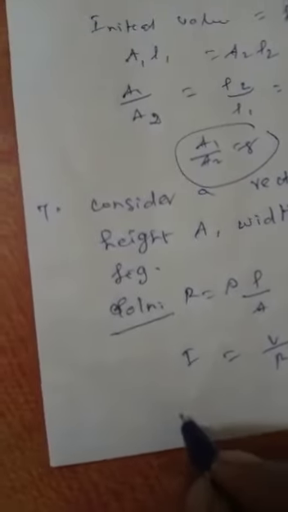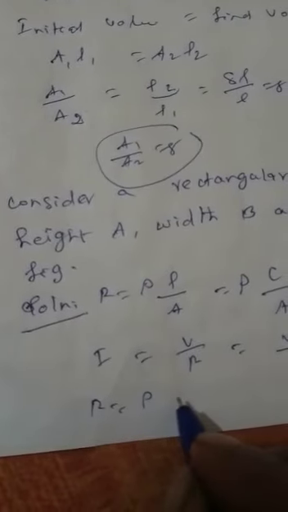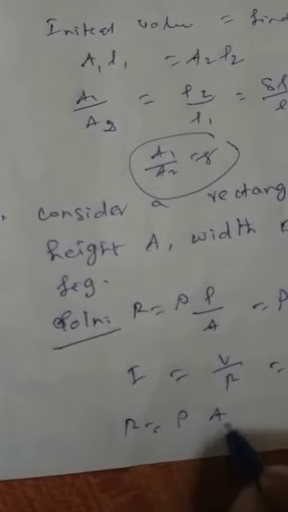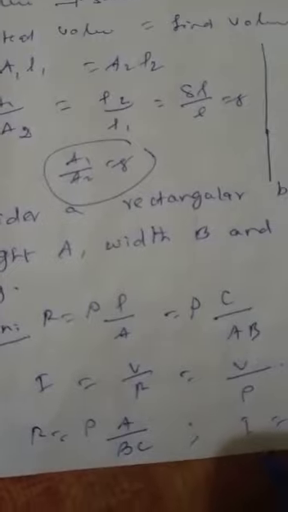For this second block, the resistance is rho into length L as A, area as BC. So what is the current?